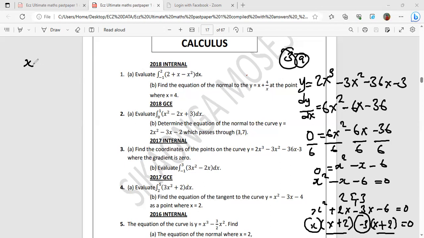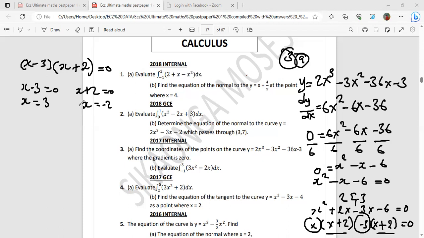We start with the same one, x minus 3, then the common one, which is x plus 2, equal to 0. So x minus 3 equal to 0, x plus 2 equal to 0, so x equal to 3, x equal to -2.